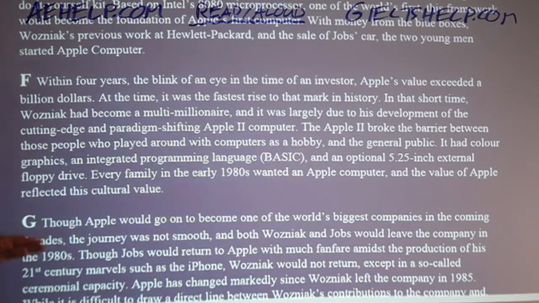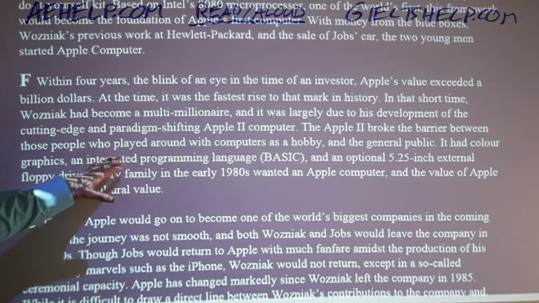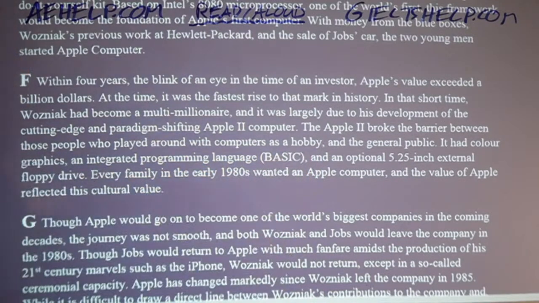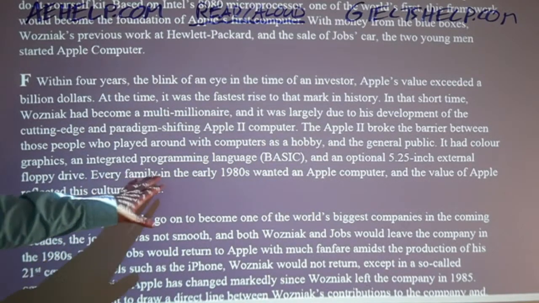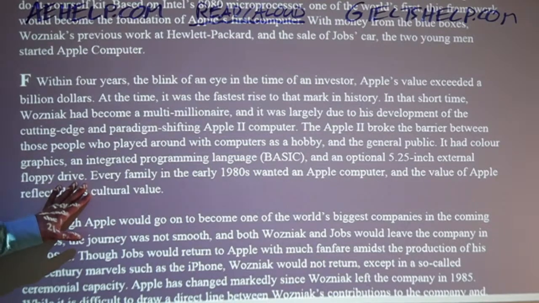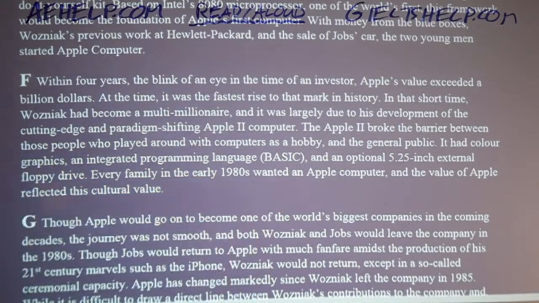The Apple II broke the barrier between those people who played around with computers as a hobby and the general public. It had color graphics, an integrated programming language, BASIC, and an optional 5.25-inch external floppy drive.